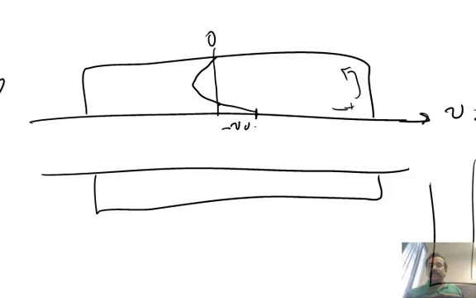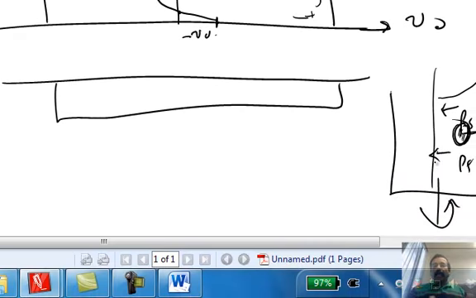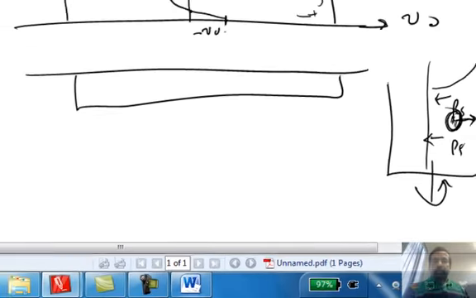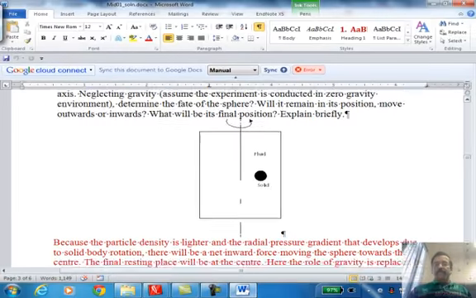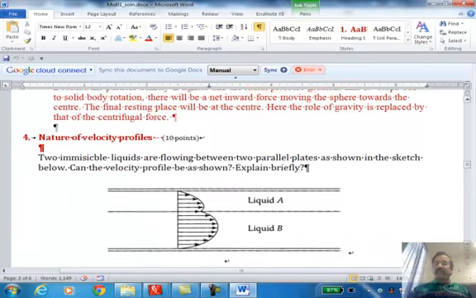And so the particle will move towards the center. Okay, and I was surprised because I thought I talked about it, but many people got that wrong. And the other one, we never talked about it, and a few people still got it right, which is good.